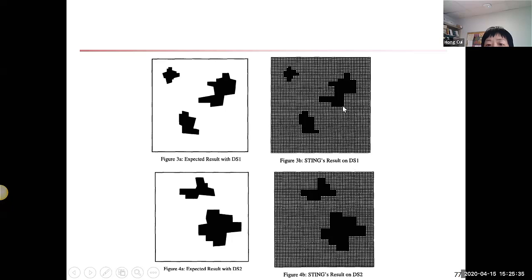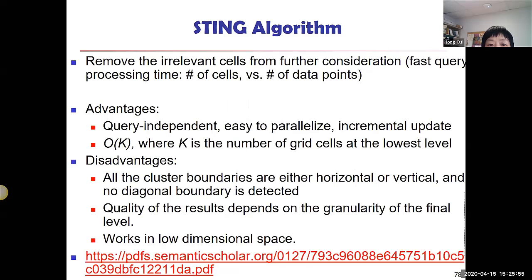We can see right away that because we divide the area into rectangular, square shapes, our final results end up having straight angles, which does not match the original precisely, but is quite close. I attached the original paper here if you want to read this.